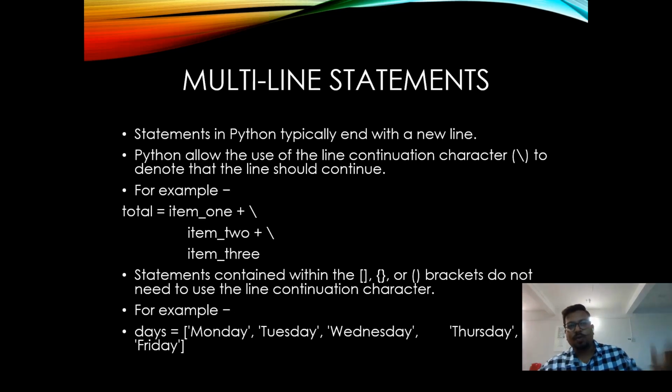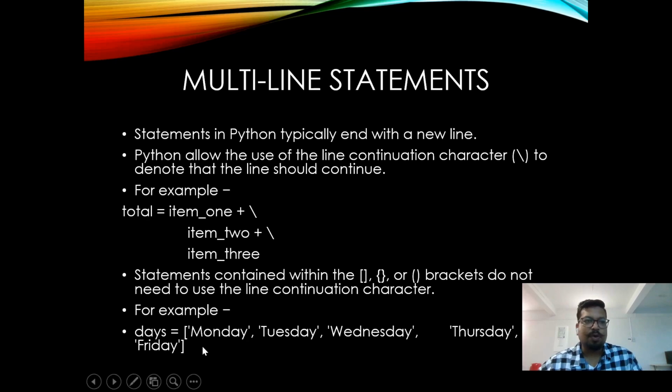Even if it goes through 4 or 5 lines, it is not going to create any problem, because we are using brackets over here. So brackets will indicate a start and end, and you need not use a line continuation character there. Okay, so I hope you are clear with this topic.